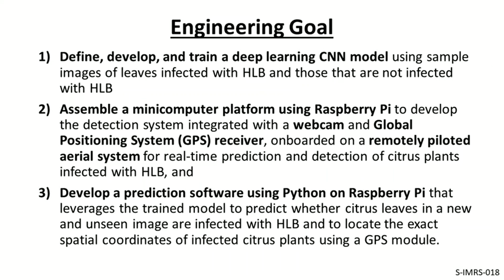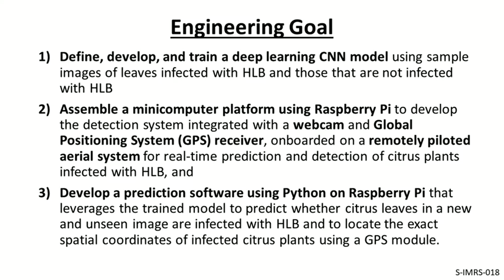The detailed engineering goal of this project was to: 1. Define, develop, and train a deep learning CNN model using sample images of leaves infected with HLB and those that are not infected with HLB. 2. Assemble a mini computer platform such as a Raspberry Pi to develop the detection system integrated with the webcam and global positioning receiver, onboarded on a remotely piloted aerial system for real-time prediction and detection of citrus plants infected with HLB.